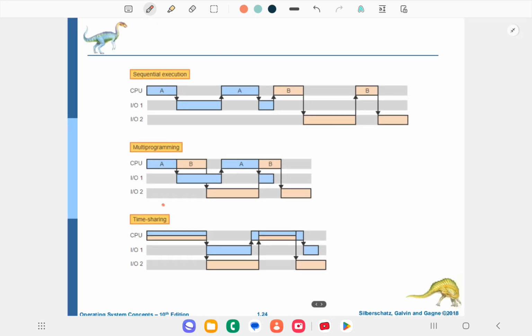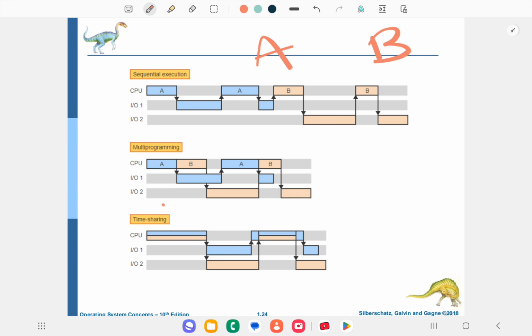This figure compares the concept of sequential execution versus multi-programming, which we talked about before, and time sharing. With sequential execution, we have two tasks to execute, A and B, and we know that processes or tasks have two cycles.